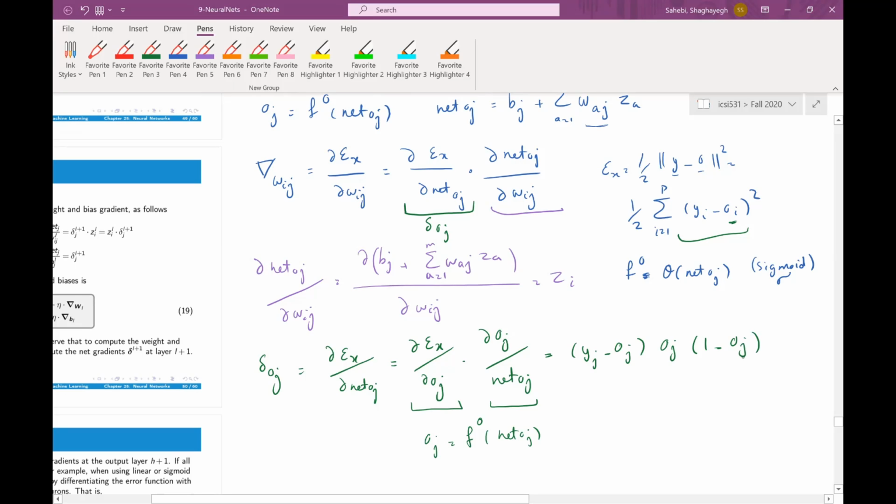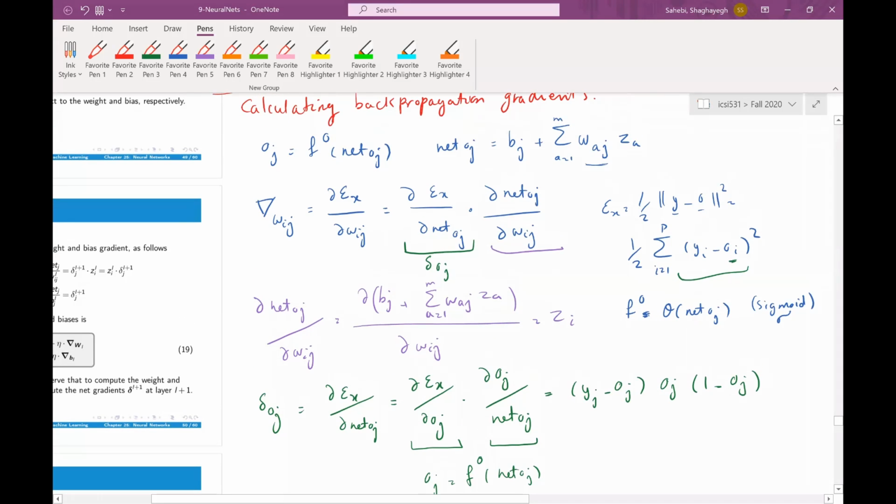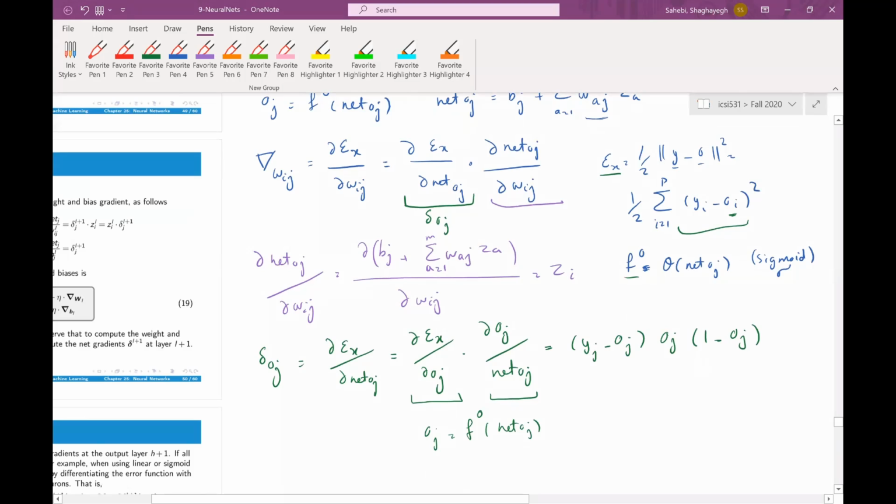Okay. So basically, we calculated the net gradient using the squared error and the sigmoid activation function. We also calculated the derivative of net OJ with respect to Wij.